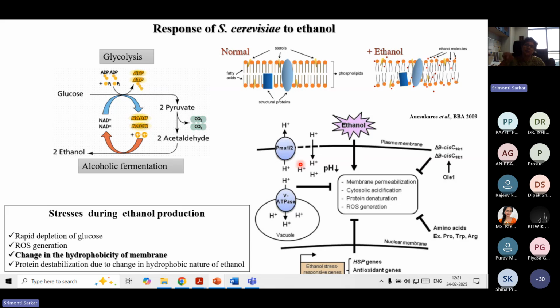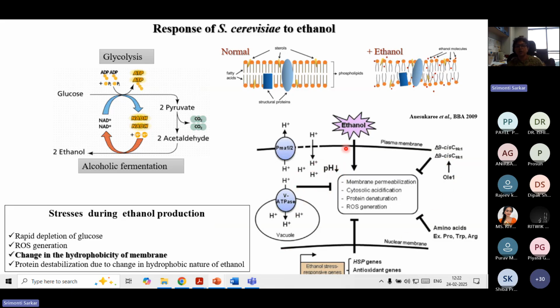There's an enhanced glucose conversion, which causes a lot of bond breakage and energy release, so there's some amount of thermal stress. There are reactive oxygen species being generated, so ROS is contributing to the stress. There is a lowering of the pH, which again is a stress. And finally, the proteins themselves are not functioning fully.